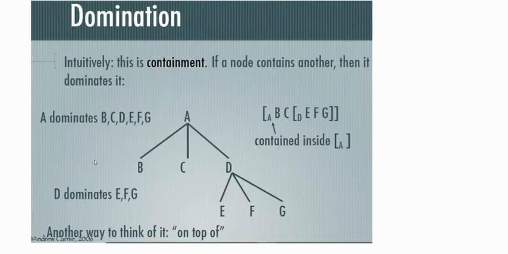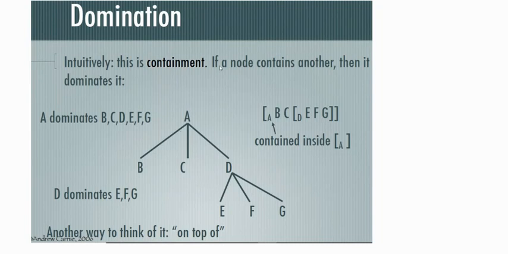Root node. The root node dominates what? Well, it dominates B, C, D, E, F, G. So the root node A dominates all this.